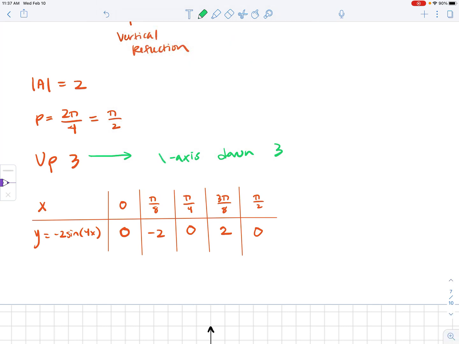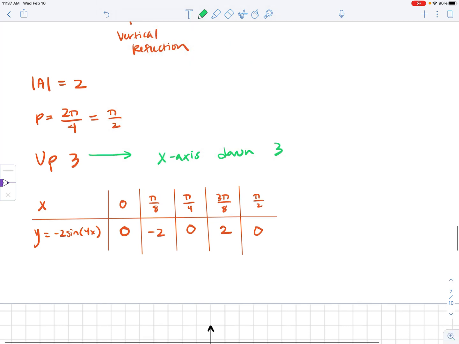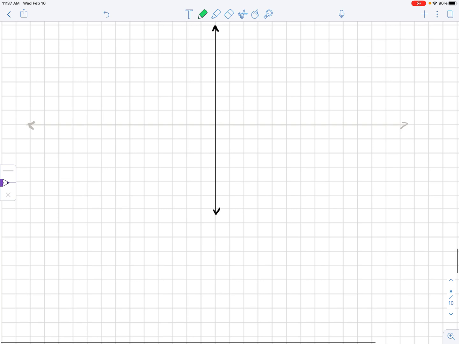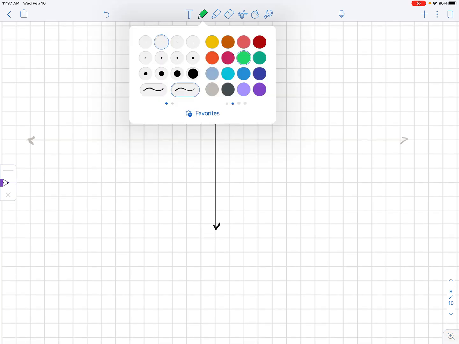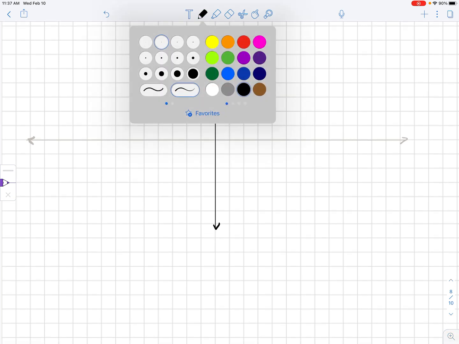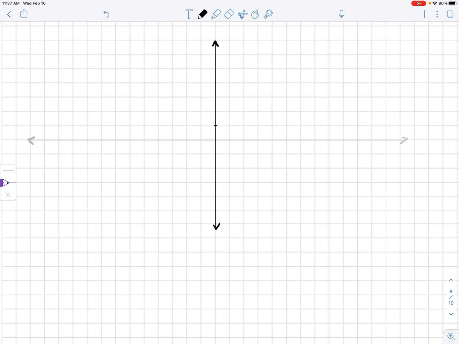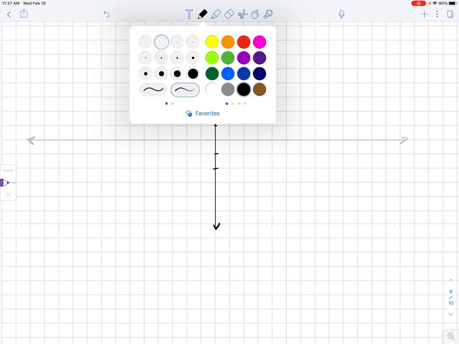So sorry. I'm shifting the x-axis down 3 units. Sorry about that. Okay. I'm going to have every box for the y-axis be 1 unit. And then I'm going to have every 2 boxes be pi over 8 units for the x-axis.